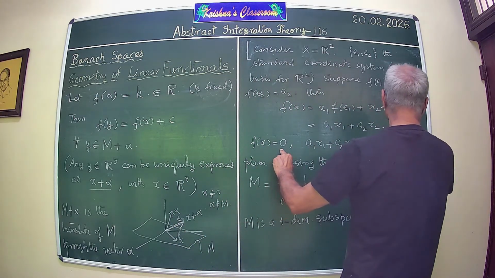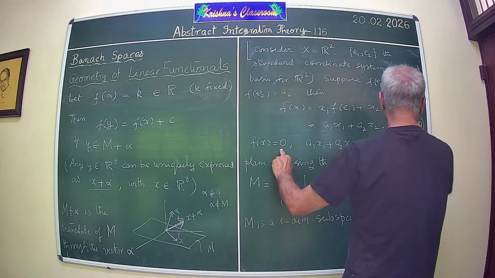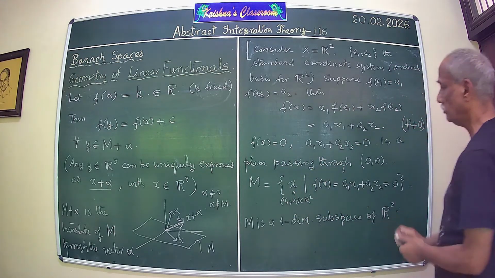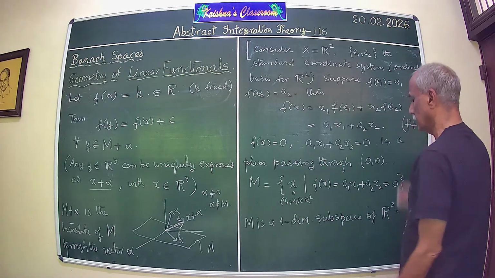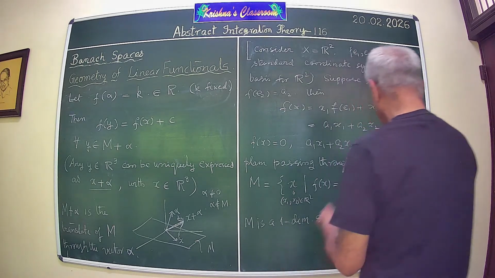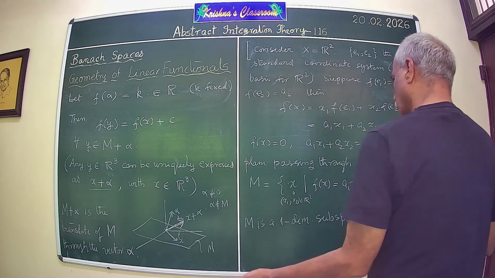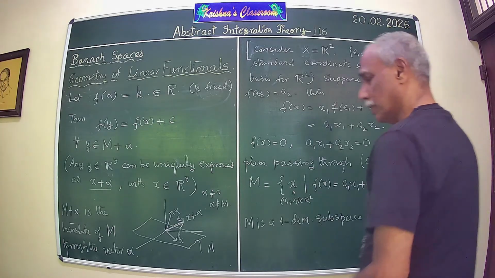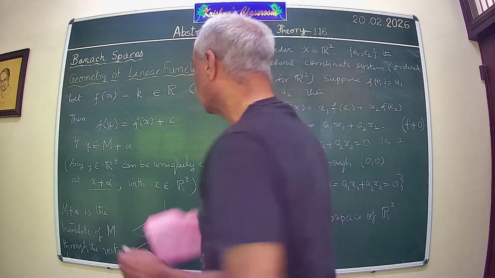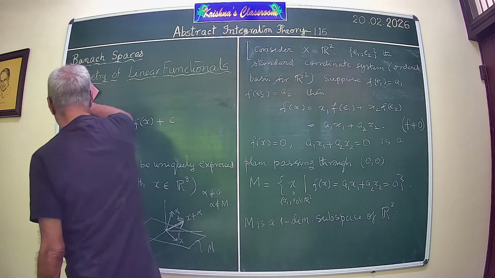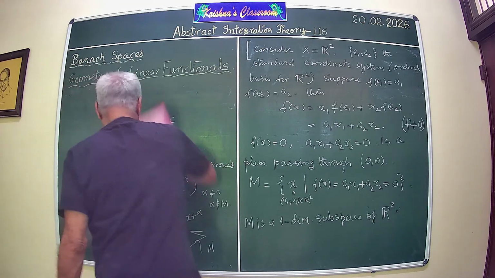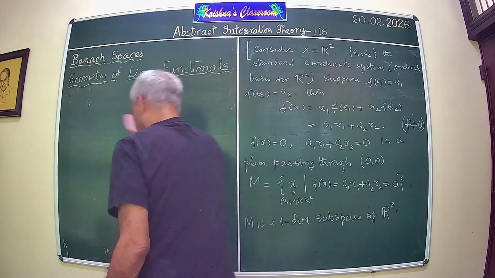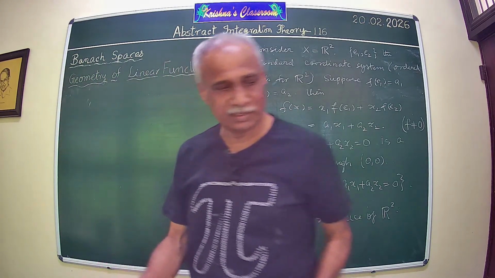I take f not equal to 0. Then that means a1 and a2 are not both zero. So a1 x1 plus a2 x2 is a plane passing through the origin. It's a line passing through the origin. Thus the geometry is this.